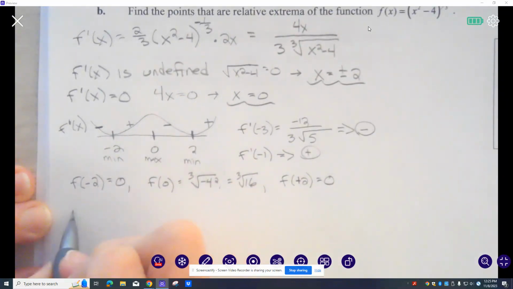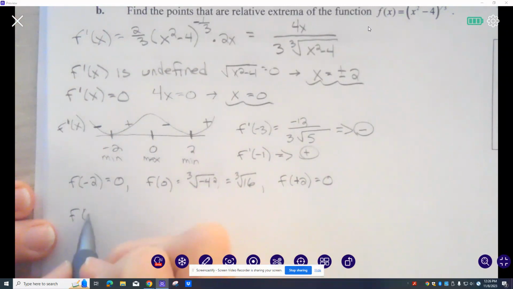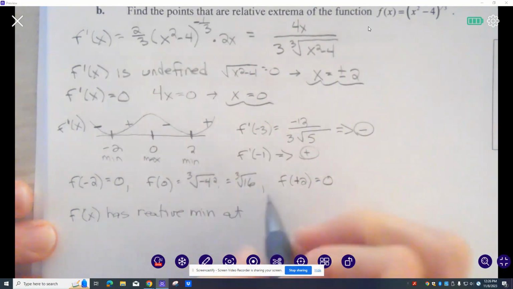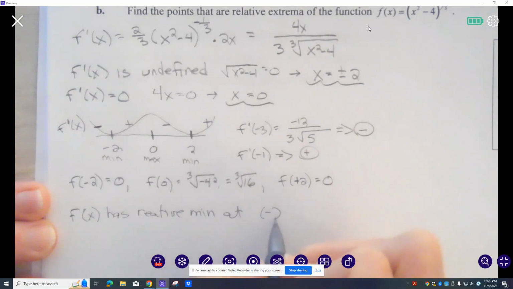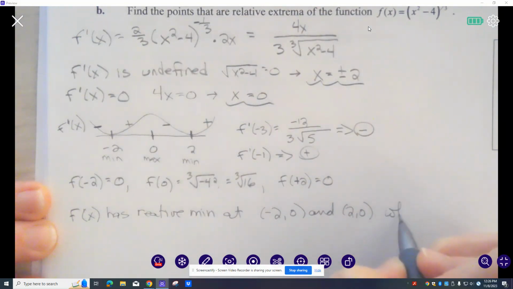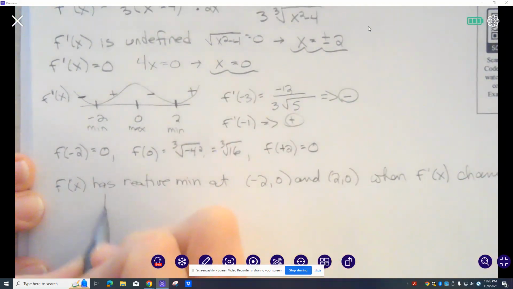Okay, so f of x, not f prime, the function f of x has relative min at the coordinate points negative 2, 0, and 2, 0 when f prime of x changes from negative to positive.